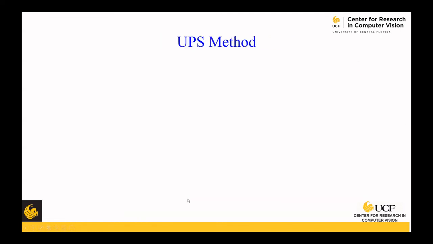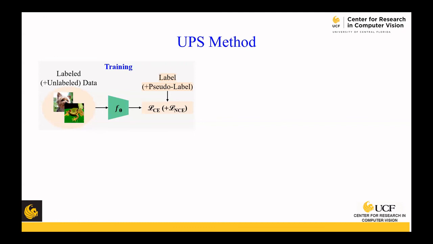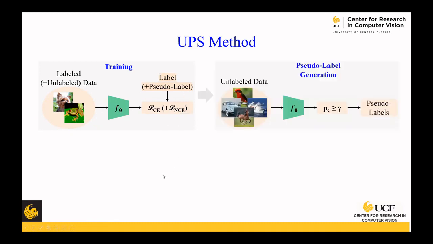And the idea is very simple. Let's say we take the labeled data, a small amount of data, and we train the network. Okay, so this is our network trained on the labeled data. Then we take the unlabeled data, run it through this network we trained, and we get these labels.